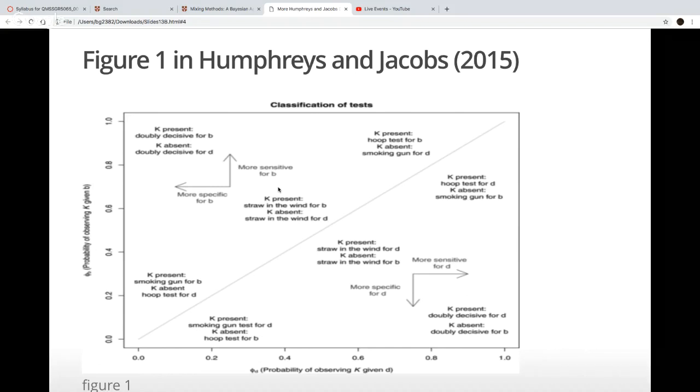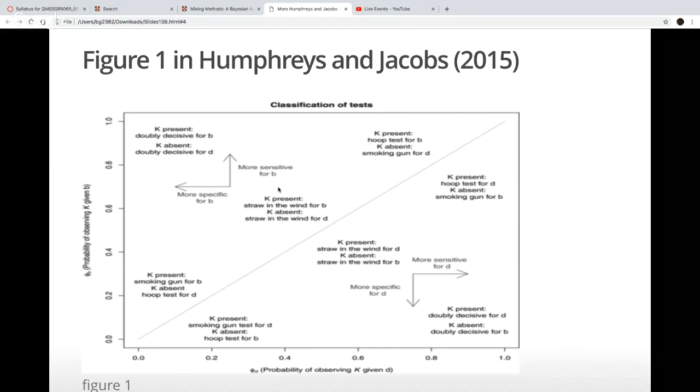So questions about this classification of tests. Not that you have to remember the difference between a hoop test and a smoking gun test and a doubly decisive test, but this general idea, because really we're talking about a continuous square here. Depending on where you fall in that square, you get more or less evidence that an observation is of this or that type, depending on whether K equals 1 or K equals 0.